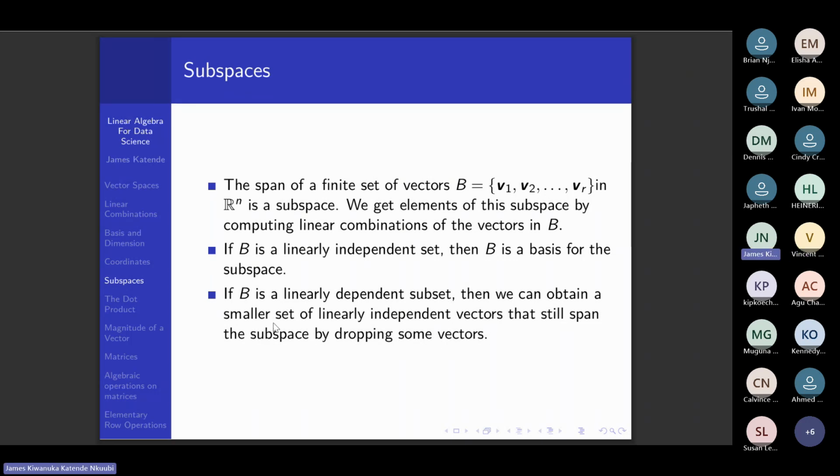It will be possible to drop some vectors, and eventually you'll be left with a linearly independent set that still spans the same thing, that would still be the span of B, sorry. Not spanning B, it will still be in the span of B.